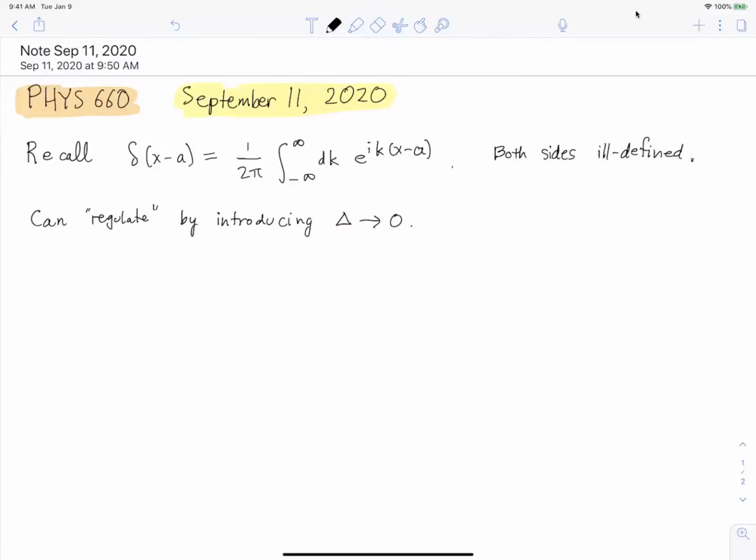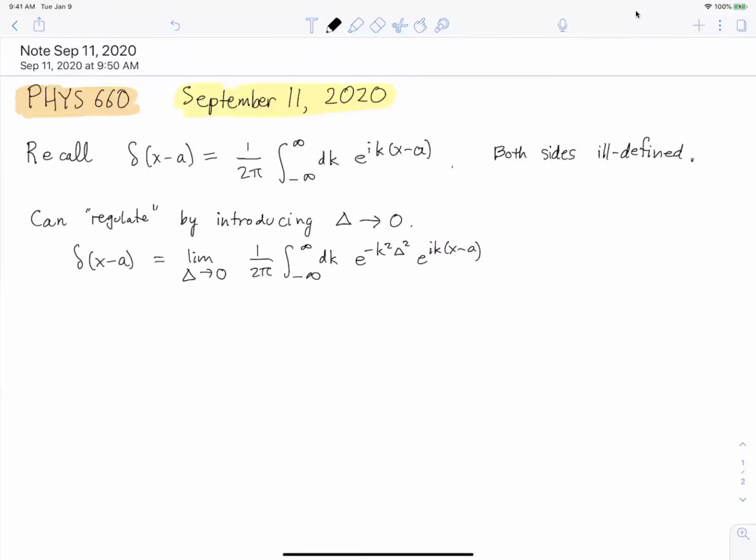But what we're going to do before that is we're going to define delta of x minus a as the limit as capital delta goes to 0 of the same integral. But now we're going to insert a factor of e to the minus k squared delta squared inside the integral. So what does that do?